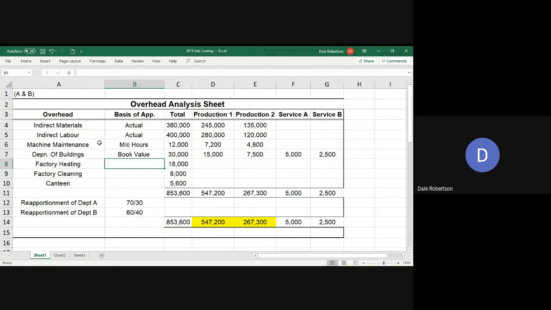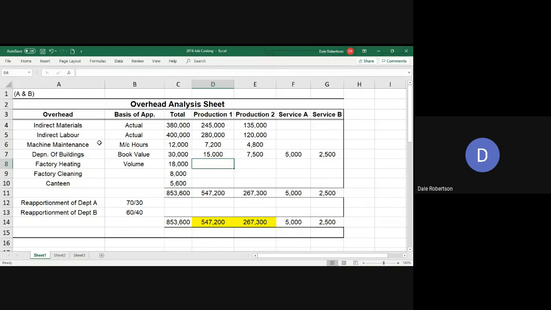Factory heating, or light and heat. Well, that is the volume of the building or the factory, because the higher the ceilings and the bigger the place is, the more it will cost to heat it. So the production department volume is quite big, 3,000 and then 1,500, then 1,000 and then 500.